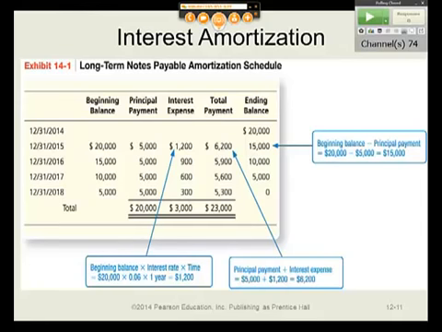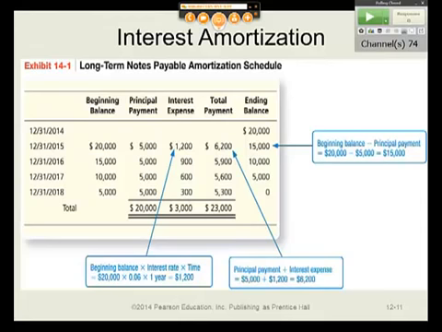Another important point is if you were doing the balance sheet as of the end of 2014, I know that since I'm paying $5,000, $5,000 would be a current liability, and $15,000 would be a non-current or long-term debt.